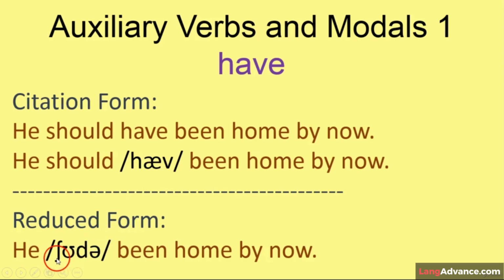And so we have the word shoulda, which is a combination of should and have. Shoulda. This symbol right here is pronounced sh. It's the sh sound in English. Sh. And with the schwa, shoulda, shoulda.